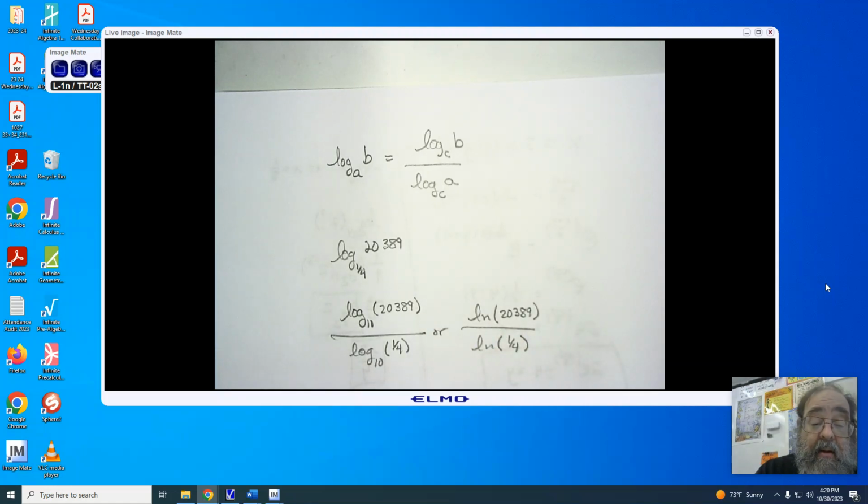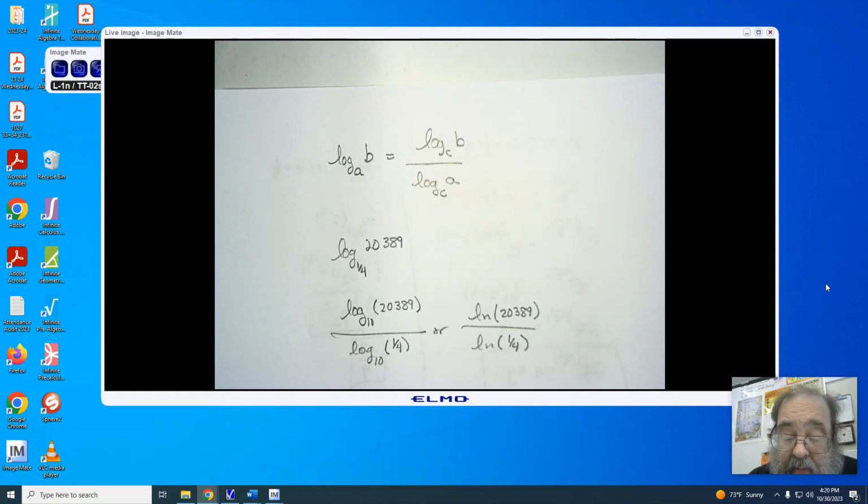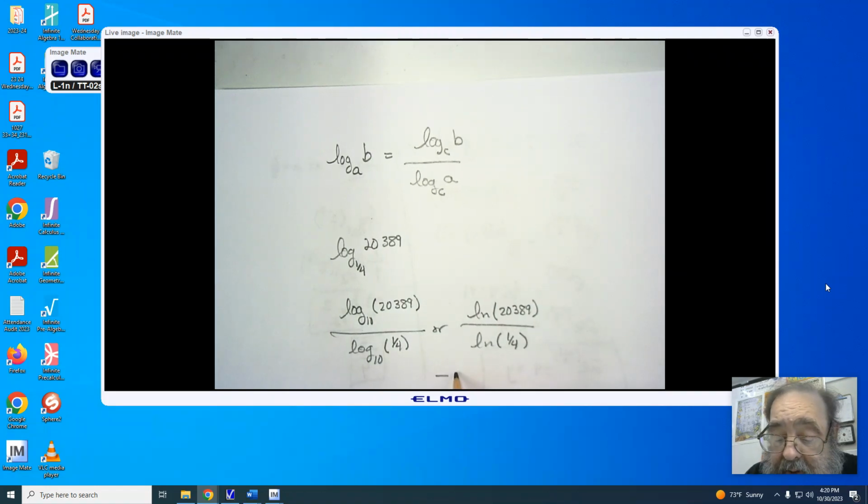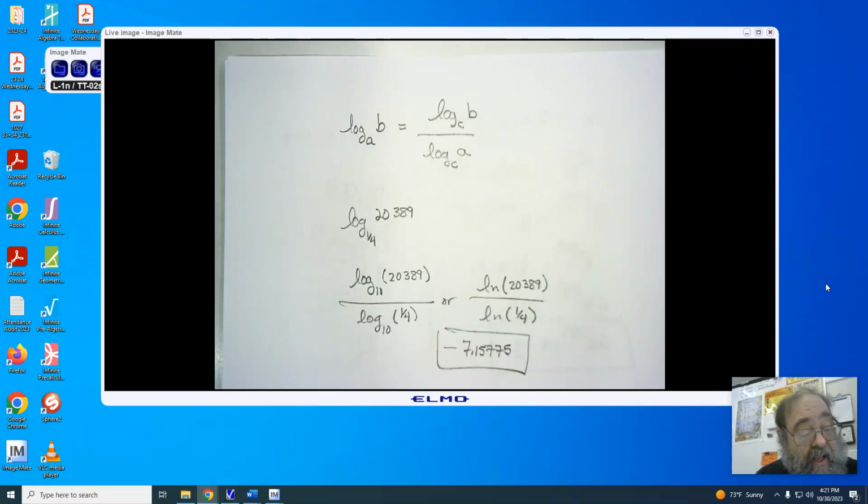Either way, you will get the exact same answer. So just go ahead and plug it into your calculator. ln of 20,389 over ln of 1 divided by 4. Hit enter, and your answer is approximately negative 7.15775. That's our goal. Let's keep moving.